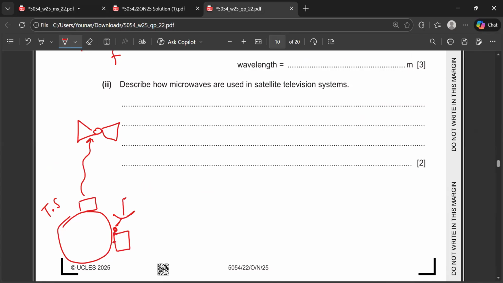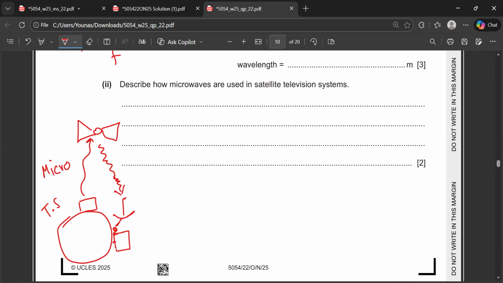The satellite sends the signal to the dish antenna, and the dish antenna, through the decoder, sends the signals to the television, and you are able to see the transmission. So these are the microwaves. The signals sent and received back are in the form of microwaves.